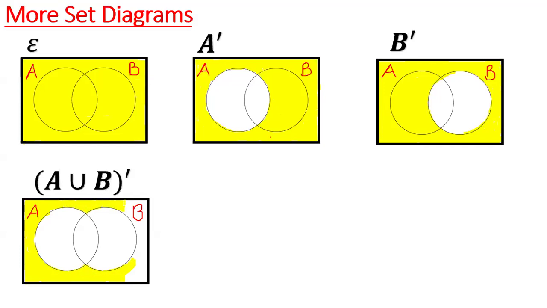So we do not include the union. Okay. We do not include that. So that's what we have. So A union B complement.